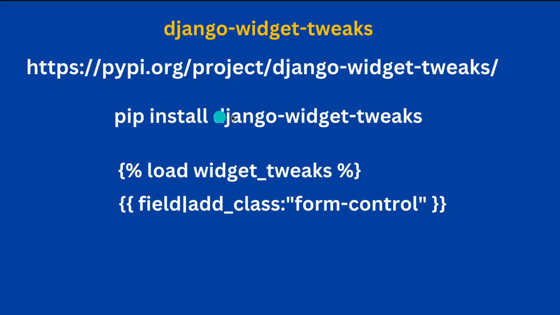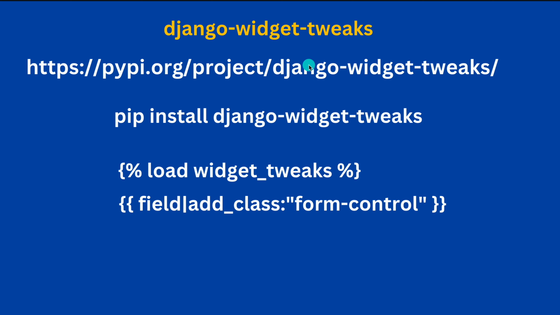To use this, I have to install Django widget tweaks. For adding a class, we are using widget tweaks. Add class is just a word, but Django will not treat it as something to do until you load the tweaks. The definition of add class is hidden in widget tweaks, and to use it, I have to install it.